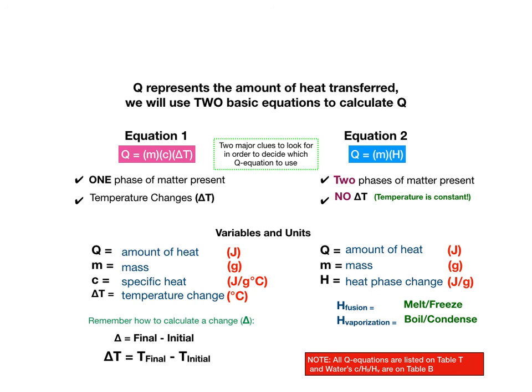So water's specific heat, heat of fusion, and heat of vaporization are listed in a single table on the front page of your reference table, Table B. Take a look at both Table T and Table B. One last quick note, on the front of your reference table, besides Table B, there's also Table D, like in dog or delta, where it lists a quantity, its common variable, and its unit. So if you get stuck with what a joule, J, stands for, you can find it on Table D.